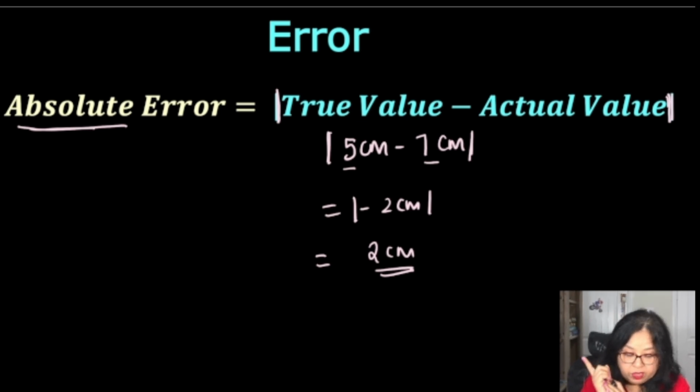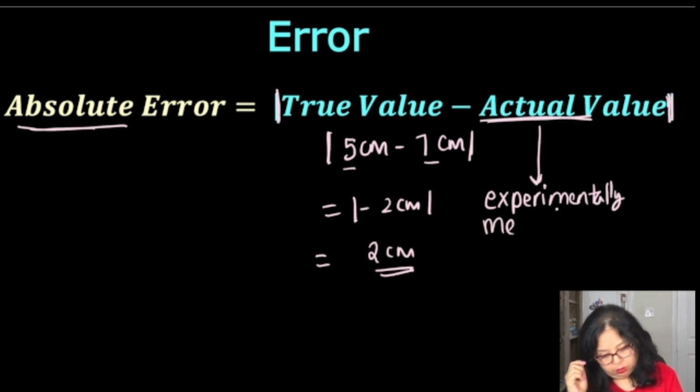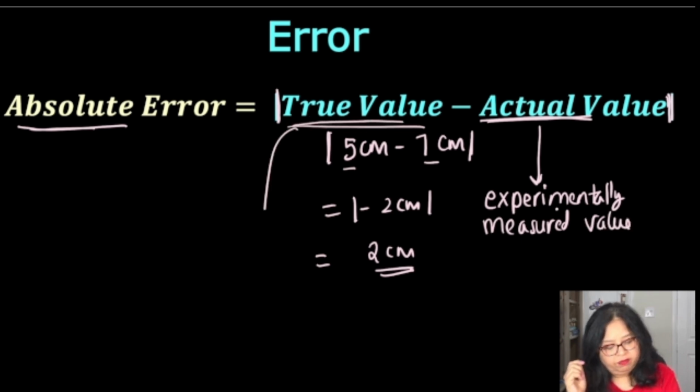Now the question is, what is true value and what is actual value? Actual value refers to the experimentally measured value. And true value is the theoretical value. This is what we expect.